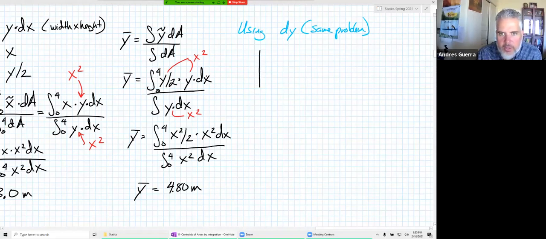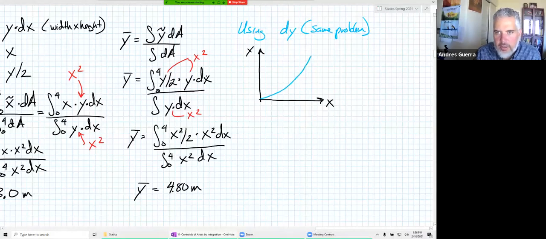We've got our y-axis, our x-axis over here, our function looks something like that, still bounded from 0 to 4 meters. And now let's do a dy. So a dy would look something like this, right?